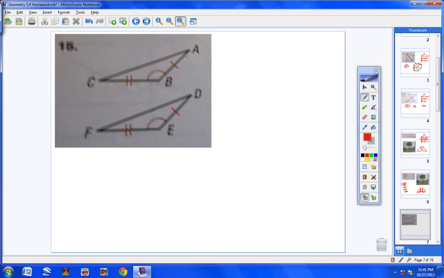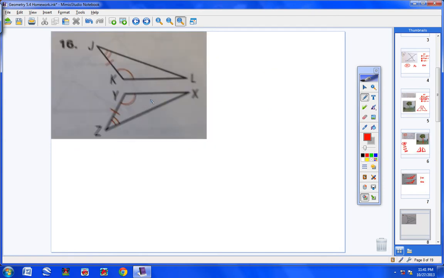Look at this triangle. We have a side, then an angle, and then a side, congruent to a side, and then an angle, and then a side. So yes, we can definitely state that these two triangles are congruent, and the reason would be side, angle, side. There we go. All right, number 16.